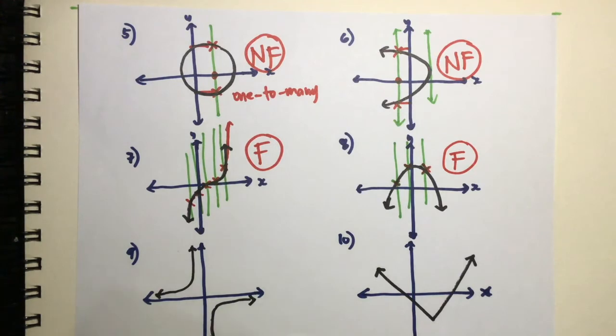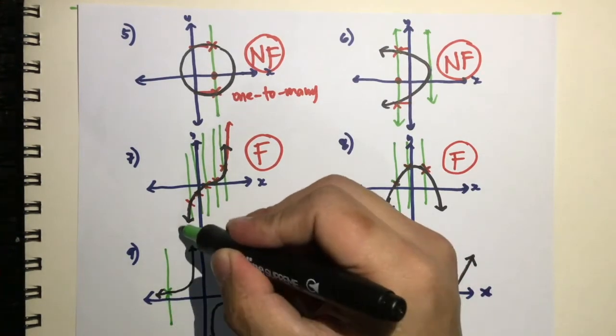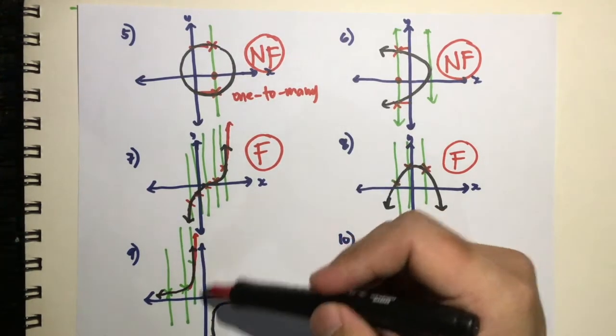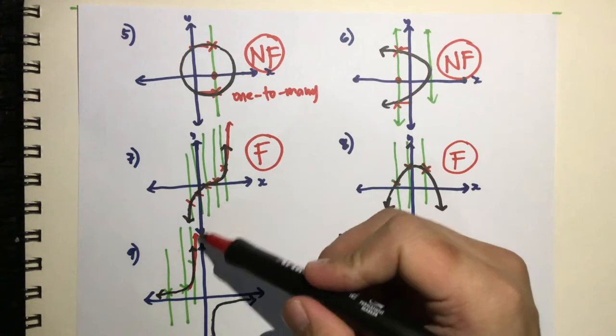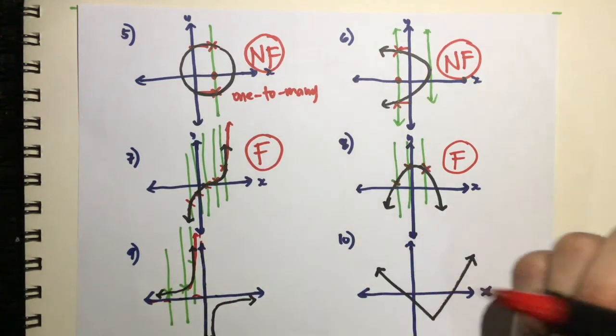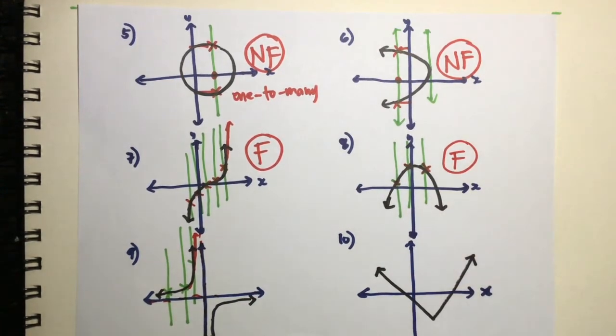How about number 9? In number 9, if we draw a vertical line here, we will hit here, vertical line, hit here, and vertical line, hit here. In this kind of graph, this is a rational function, so the x and y axes here are asymptotes, and it's good that they are shown. If they're not shown, it will be a different type of graph.